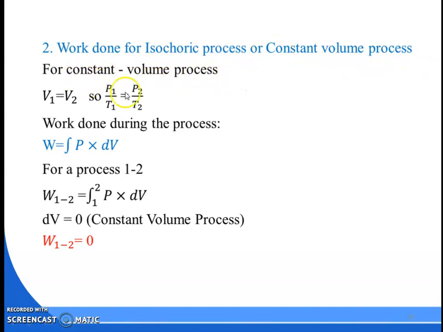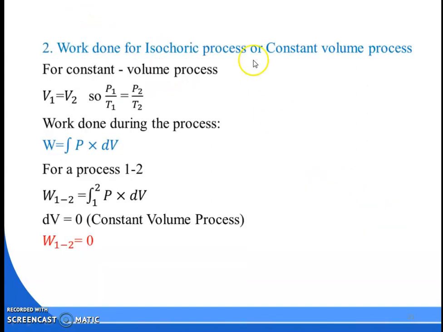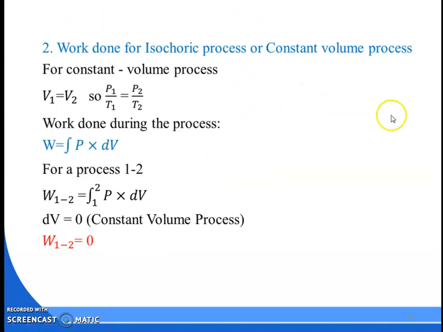For a constant volume process, V1 is equal to V2. What is the general gas equation? The general gas equation is P1 V1 by T1 is equal to P2 V2 by T2. Since V1 and V2 are constant, I can write P1 by T1 is equal to P2 by T2.